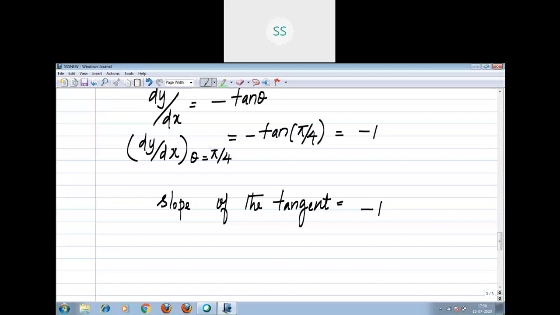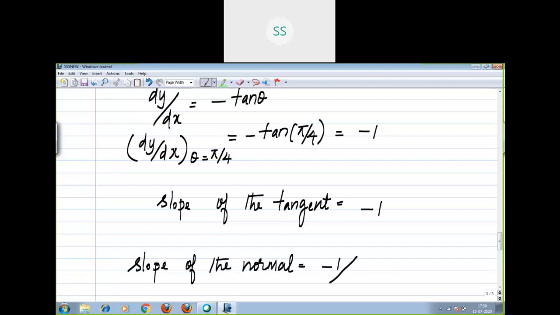That concept I am going to use here, right? Slope of the normal equal to, what formula did I give? Slope of the normal equal to minus 1 divided by dy by dx. This one you consider as m1. This is your m2. That concept, right?